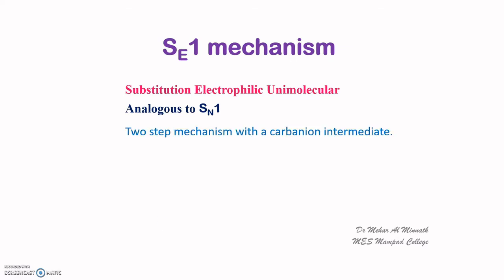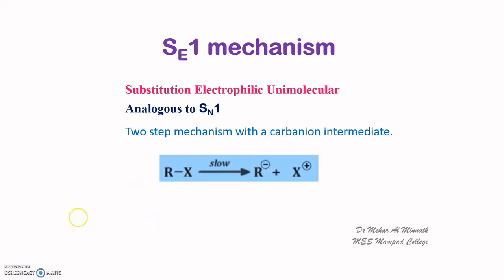Now here, as in the case of the SN1 mechanism, this also follows a 2-step mechanism, with a carbanion as the intermediate. In SN1, it was the carbocation. Here we have a carbanion as the intermediate. If we look at the steps of the reaction, first the substrate cleaves to form the carbanion.